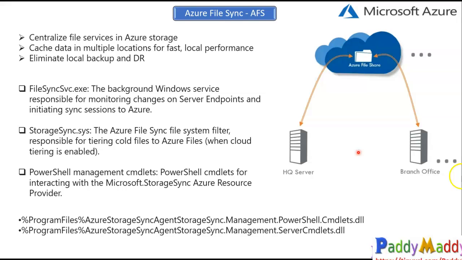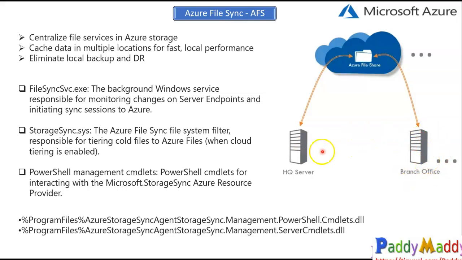How this works is through a concept called sync groups. A sync group helps you manage the locations that you want to keep in sync with each other. Let's say you have a shared folder that must be synced with your head office server as well as your branch office server.